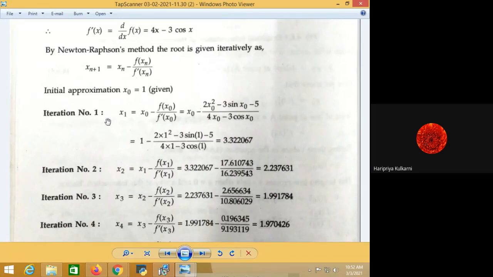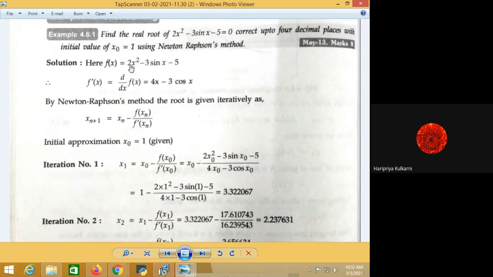Now we'll solve for iteration number 2. In place of x1, it will be x2, and in place of x0, it will be x1. So x1 minus f of x1 upon f dash of x1, where x1 is 3.322067. Now what is f of x1? f of x is 2x square minus 3 sin x minus 5.